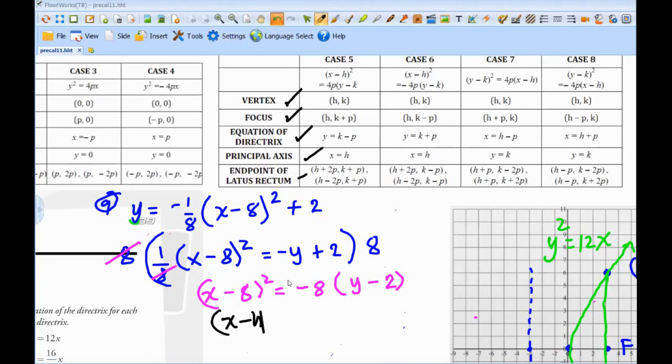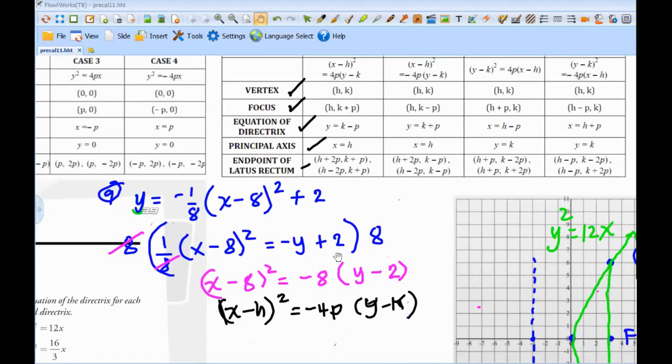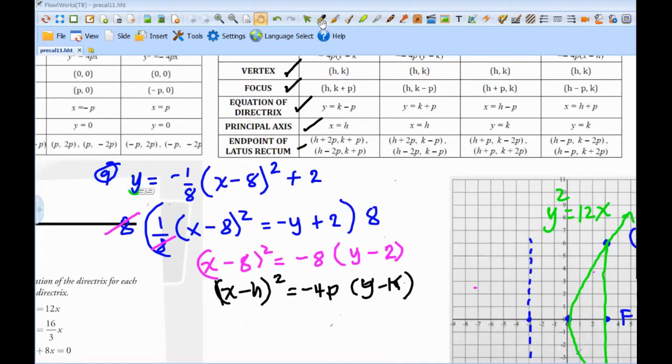During our time, my board is not working well. Okay, so let us have our negative 8.